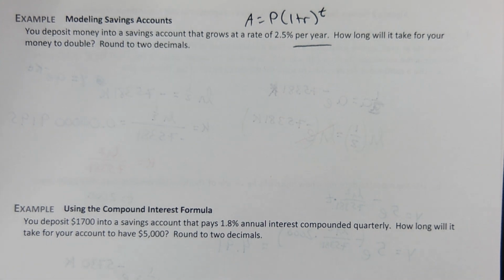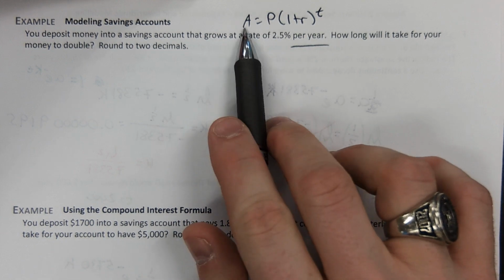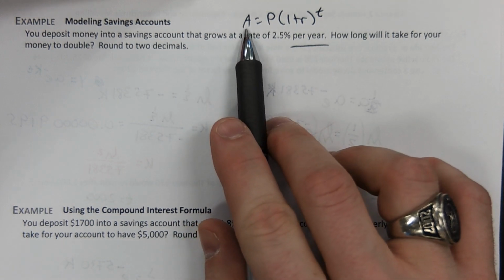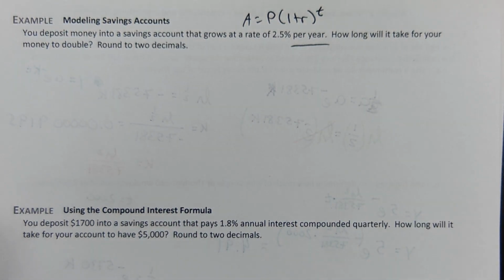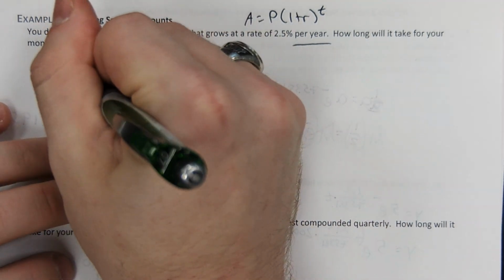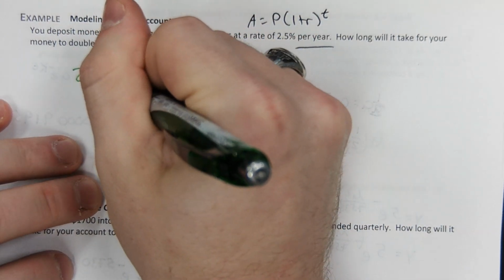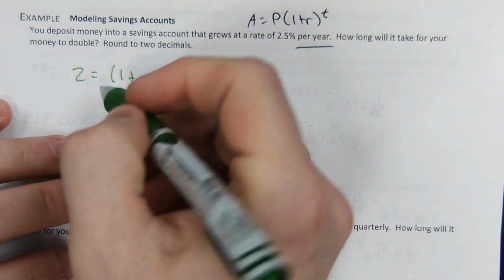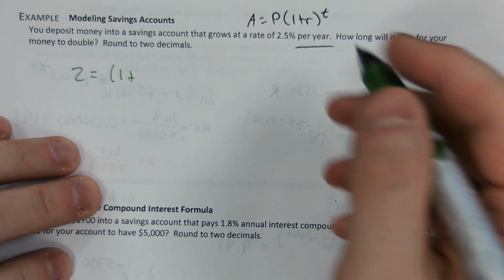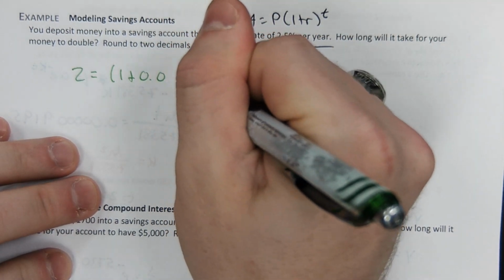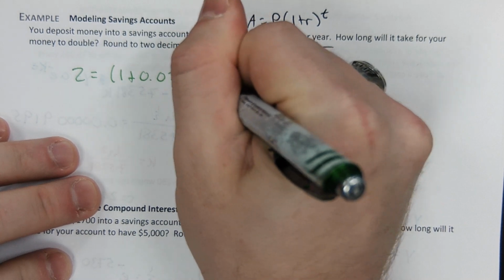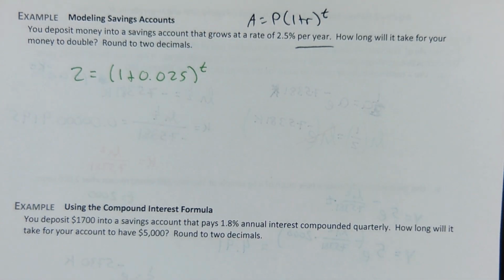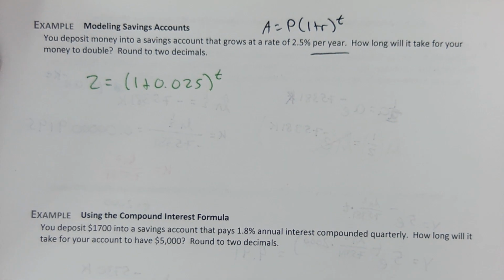That makes life really easy. So if you start with 1, you're ending with 2 because it's doubling. So we can go directly to this formula. 2 equals 1 plus 0.025 to the t. We've already divided by 1 because that means nothing. And we just have to solve for t. Look how easy that is. It's so much less work than actually having a starting and ending amount.